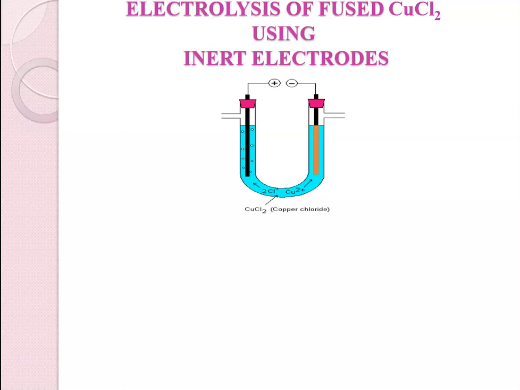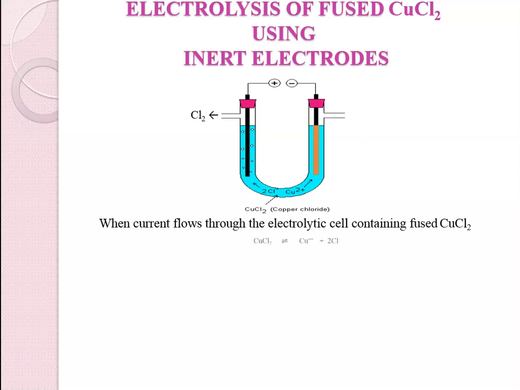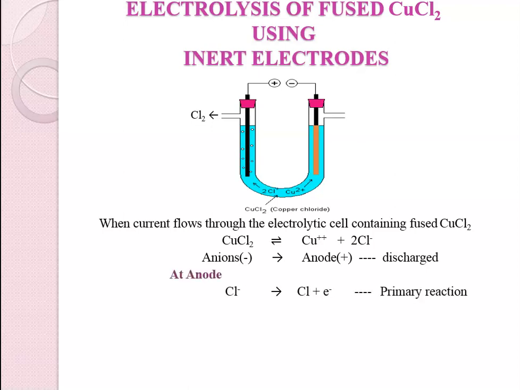The electrolyte has copper ions and chloride ions which are coming from the ionization of copper chloride. The anions go to the anode, that is, the chloride ions go to the anode, lose their charge, form a chlorine atom, and two such chlorine atoms come together to form chlorine gas.